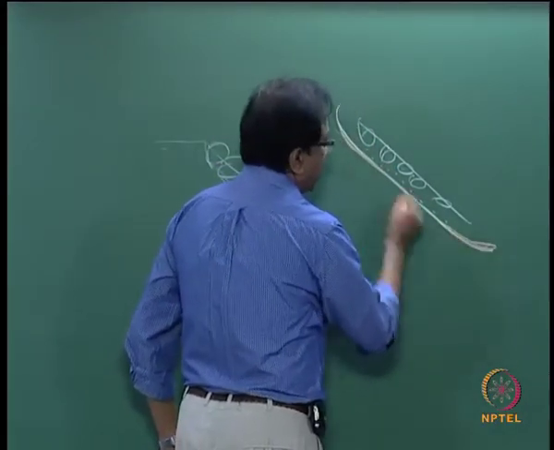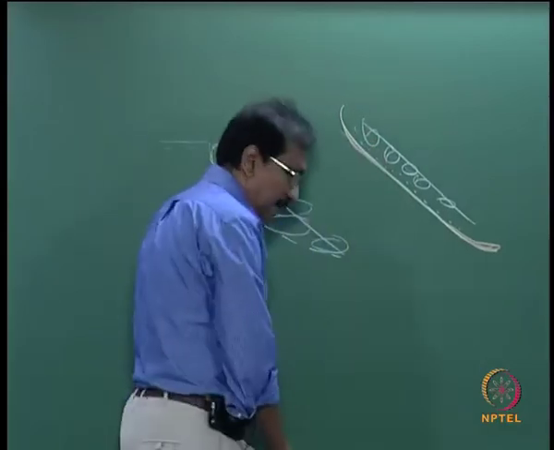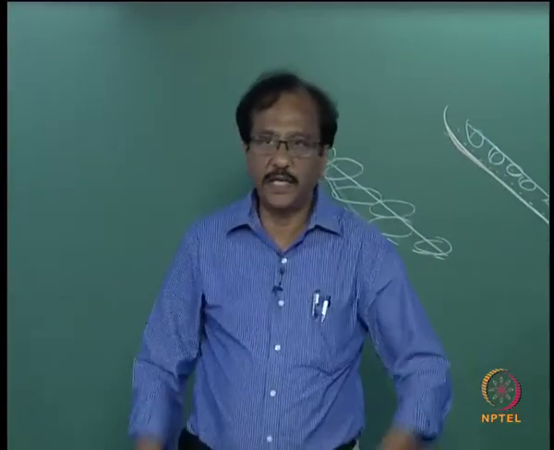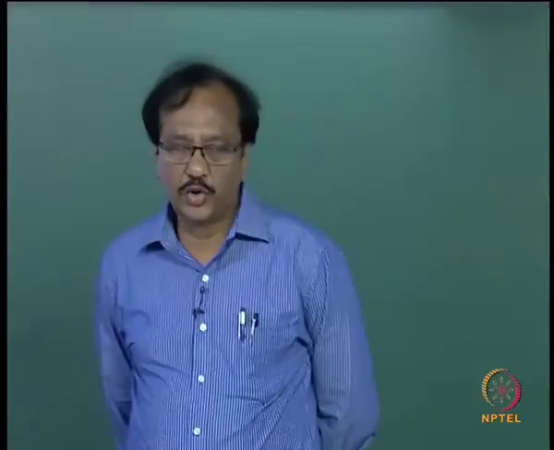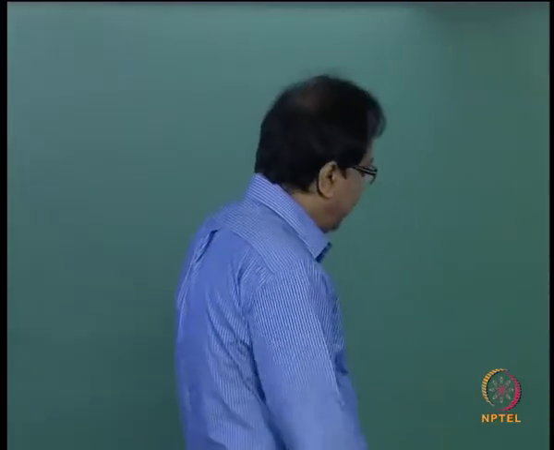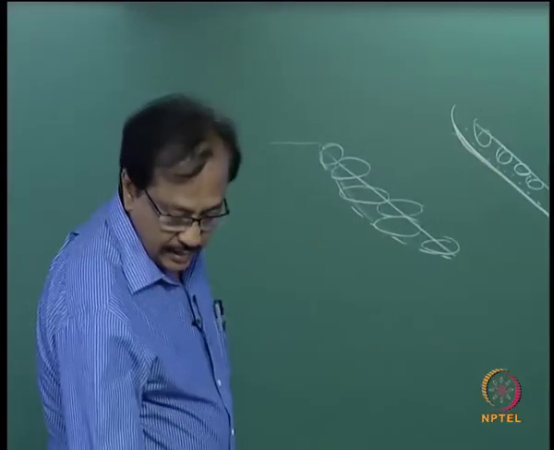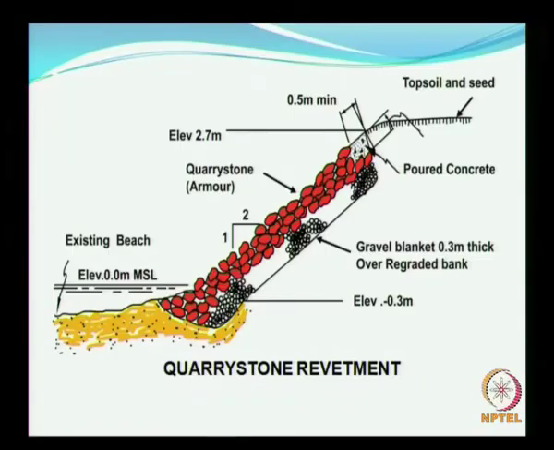So you have the geotextile over which you can have the filter layer and over which you can put the stones. So this is the general way of adopting the revetment for protecting your banks.